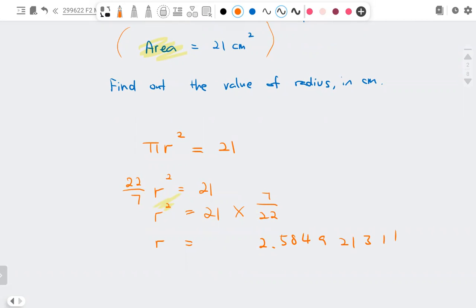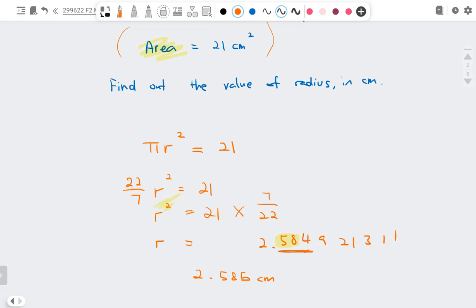So if you want to leave 2 decimal places only, you look at this digit, 4. 4 does not need to be rounded up. So the answer will be 2.58. But if you want to round to 3 decimal places, the radius will be 2.585. Is that clear? Very good. So 2.585.